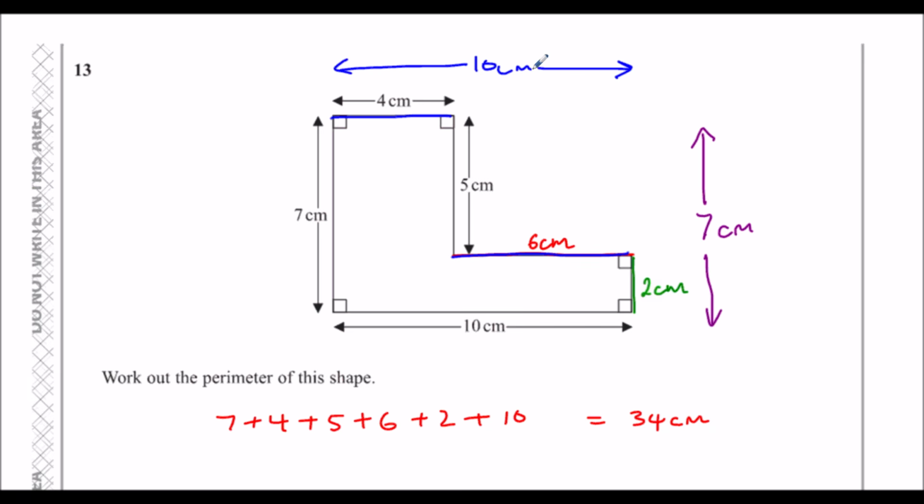So we could have just done 10 plus 7 plus 10 plus 7. So these two together are 10. These two together are 7. So we've got 2 lots of 7 and 2 lots of 10. We would have got 34 with that method as well.